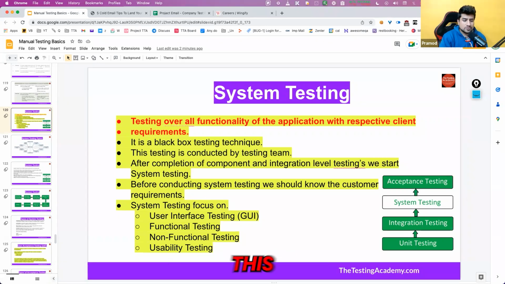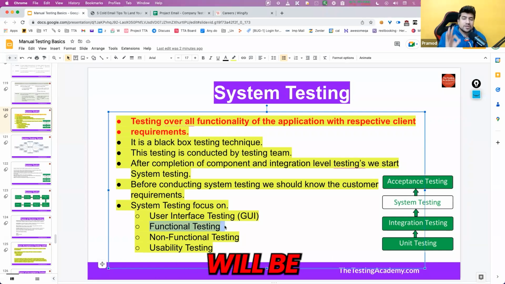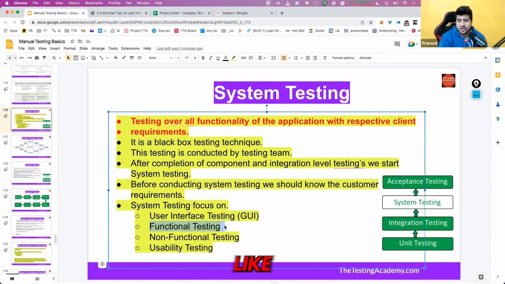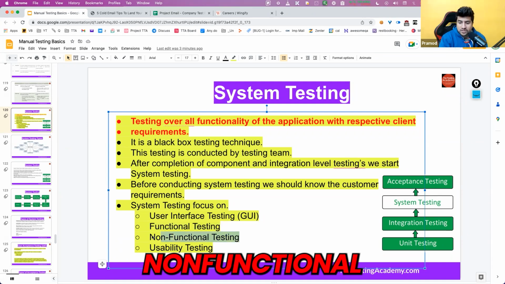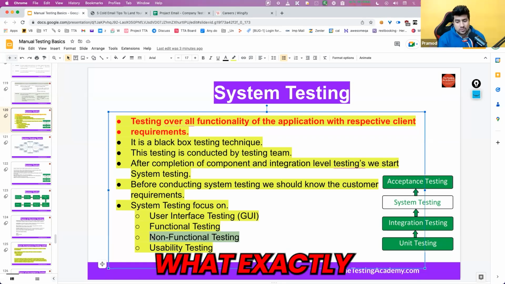Please make sure you pay attention to these points, which is functional testing. Functional testing is where we check all kinds of functions. For example, we will check the behavior of the application, how this e-commerce website will look. Then we will do non-functional testing, and I will explain exactly what functional and non-functional are.